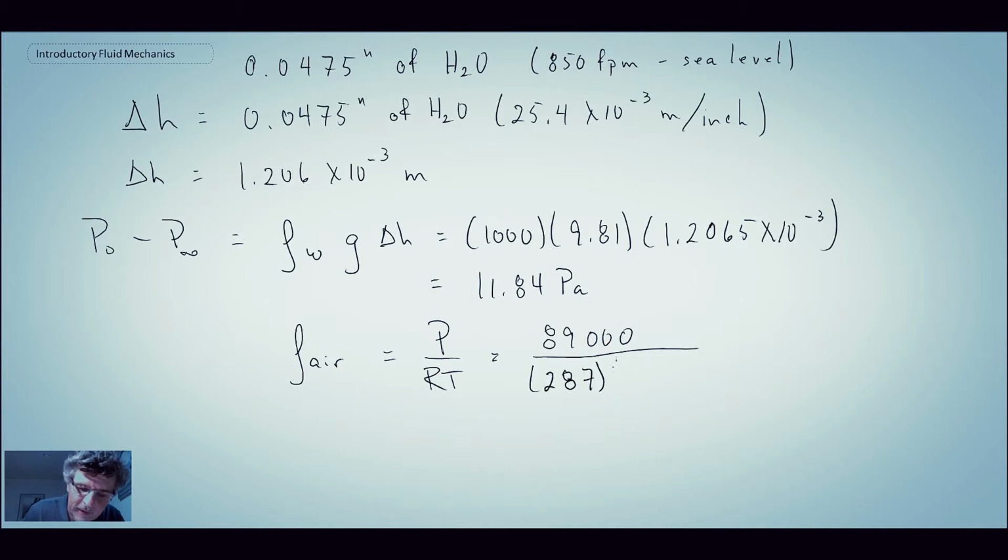R is 287, the gas constant for air, and then assuming about 15 degrees C, 288 K. With that, we get 1.0768 kilograms per meter cubed.